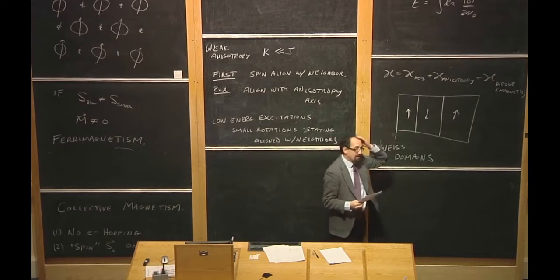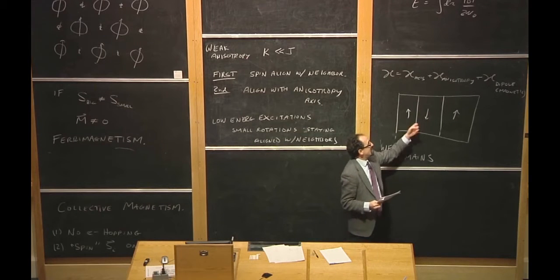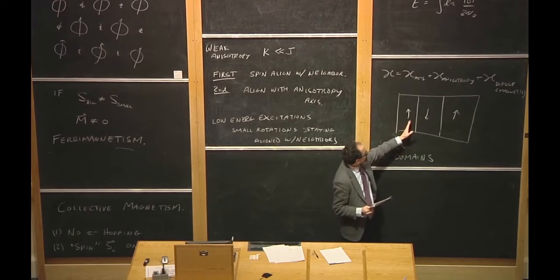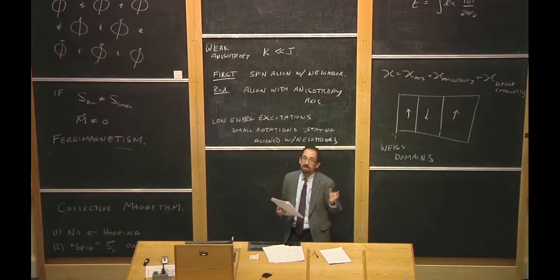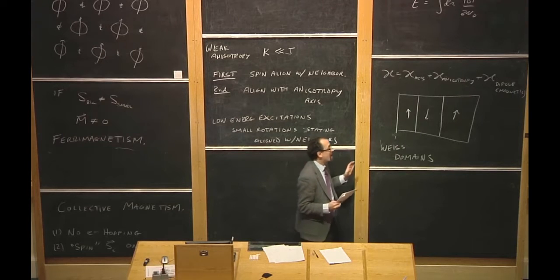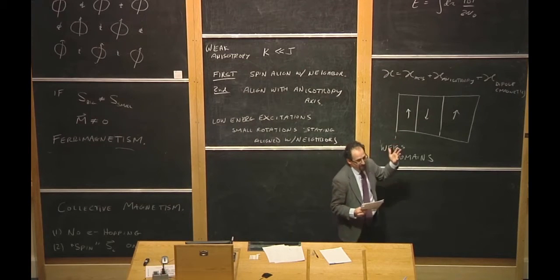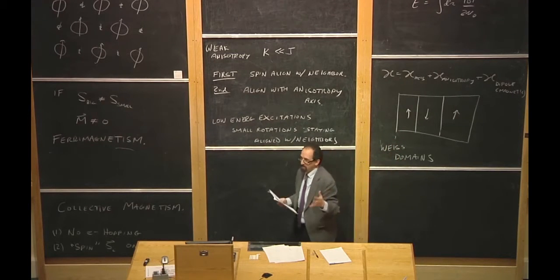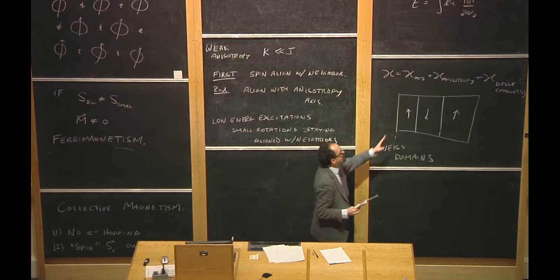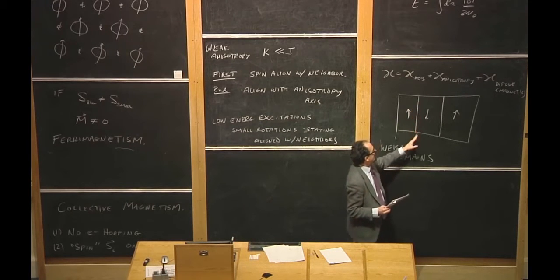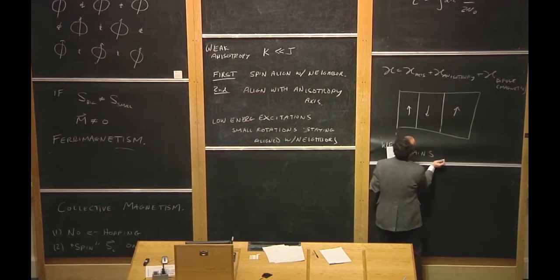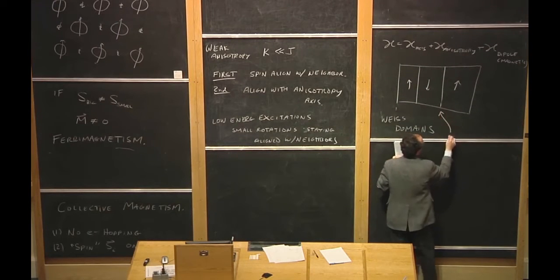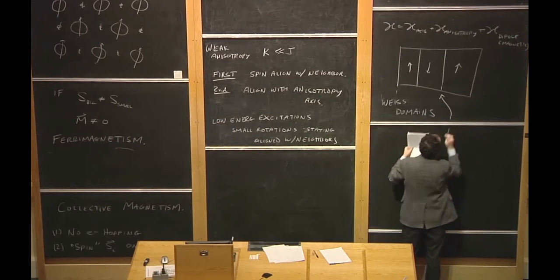Now what's going on here is that at some point in this material, you'll have upspins right next to downspins. That makes the Heisenberg term of the Hamiltonian very unhappy, because it wants upspins to be next to upspins. So there's some energy cost along that transition, which is known as a domain wall.